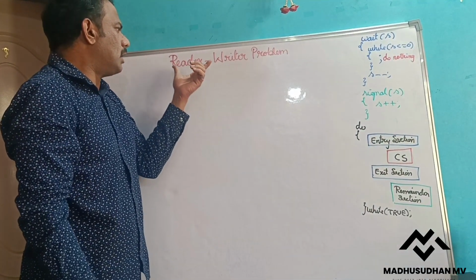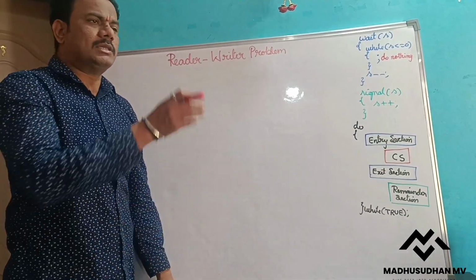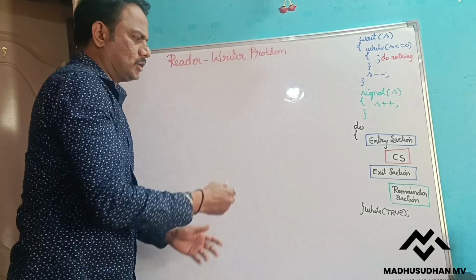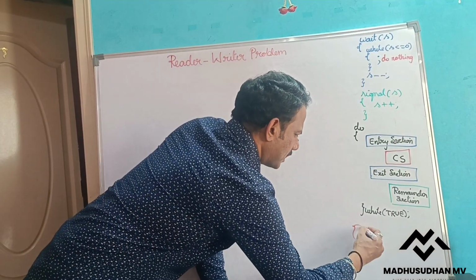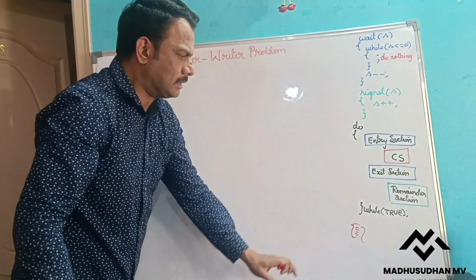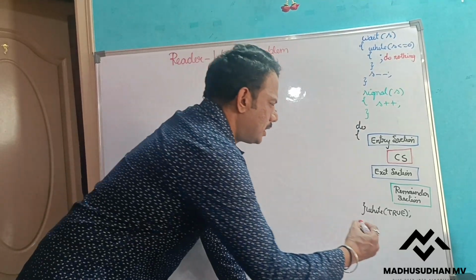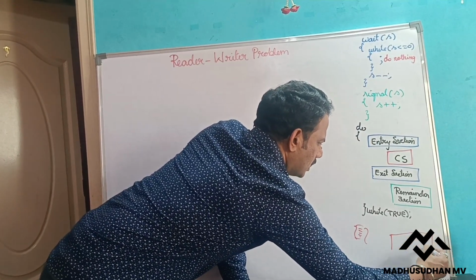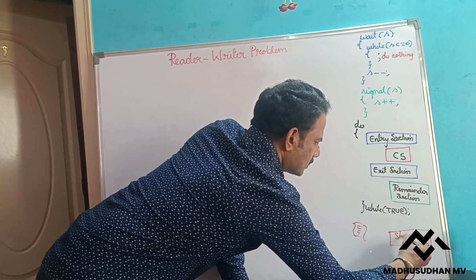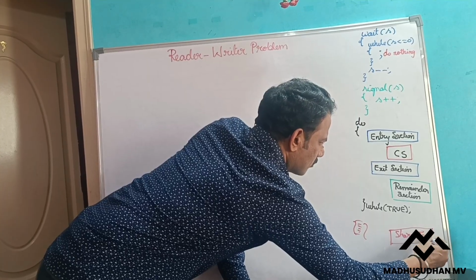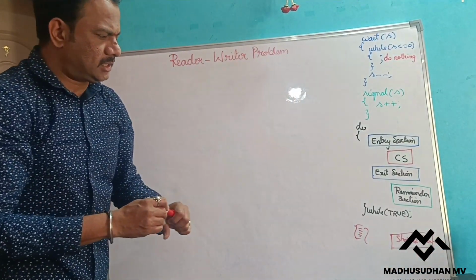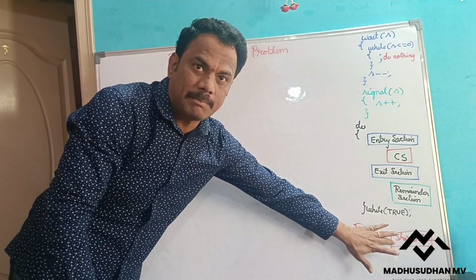Now, what do we mean by reader-writer processes? These are cooperative processes. Assume a running program that has some shared resource, and this resource is going to be shared with multiple processes.